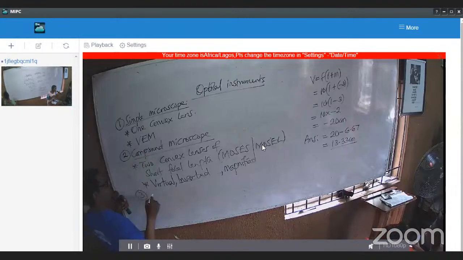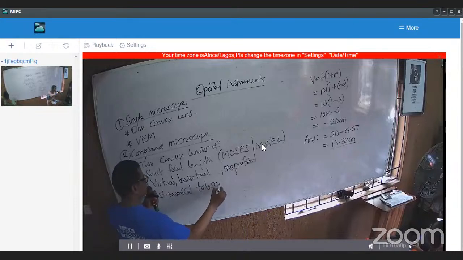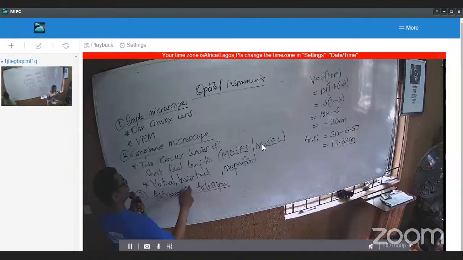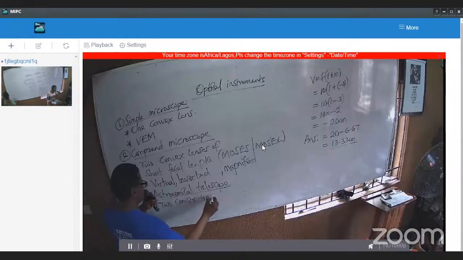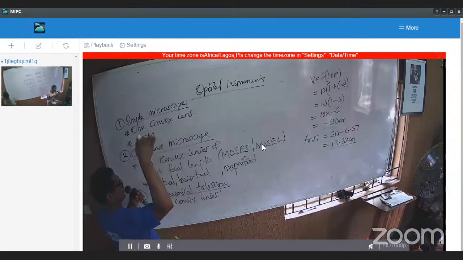Number 3, we have telescopes. Astronomical telescope. When they combine 2 lenses, they produce strange results. So we have 2 convex lenses also. The first image is real, inverted, magnified.